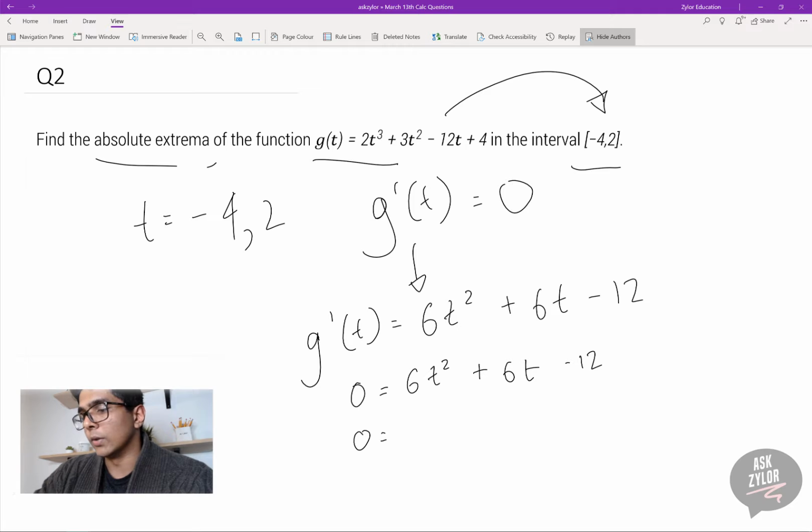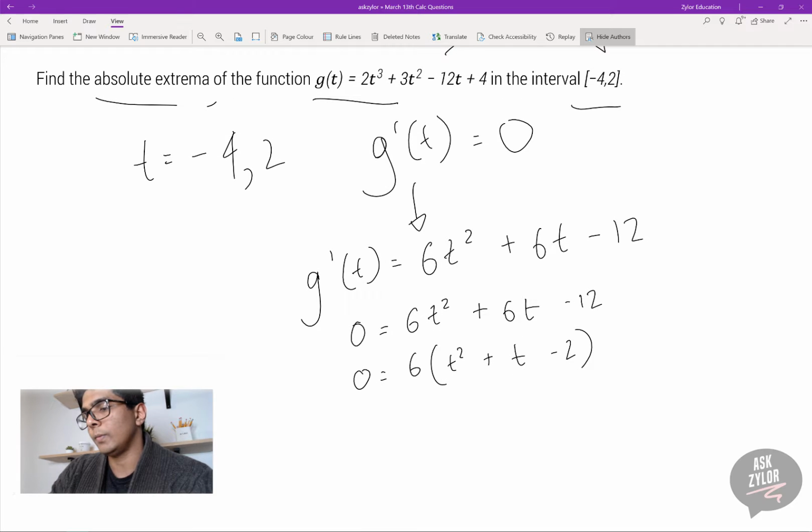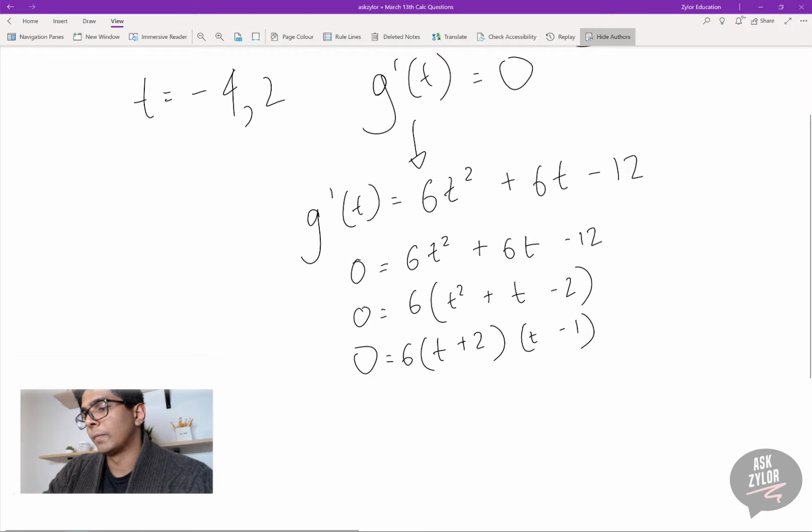So then I'm going to take out 6 from each of these terms, so I have t squared plus t minus 2. And then I can do t plus 2, t minus 1. So when is my g prime of t going to equal 0? When t is equal to -2 and when t is equal to 1.